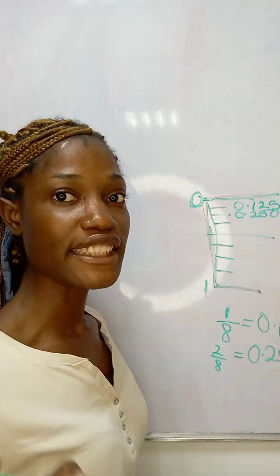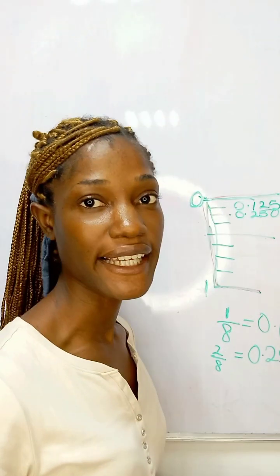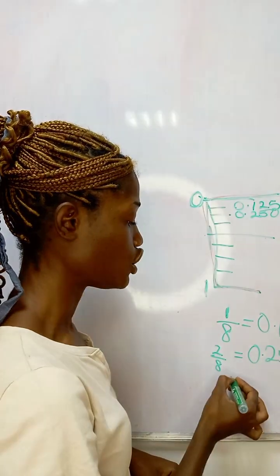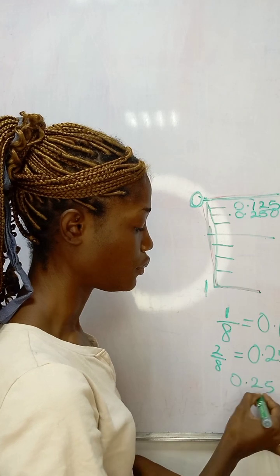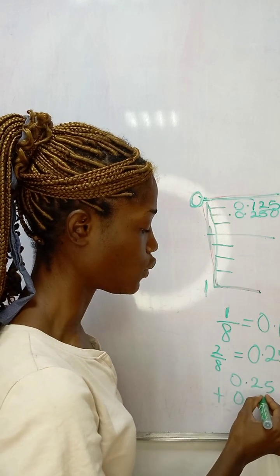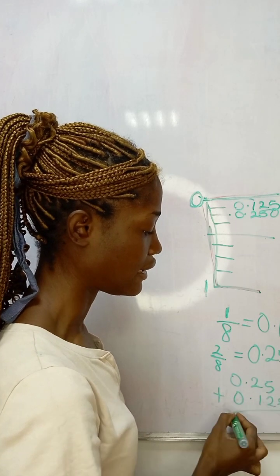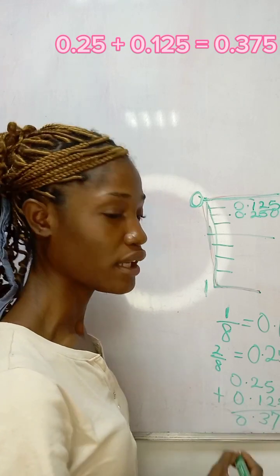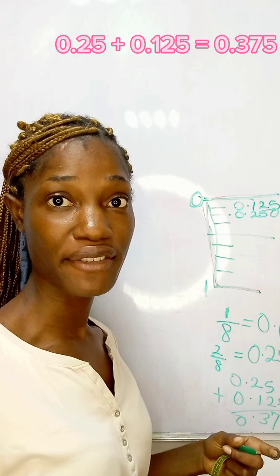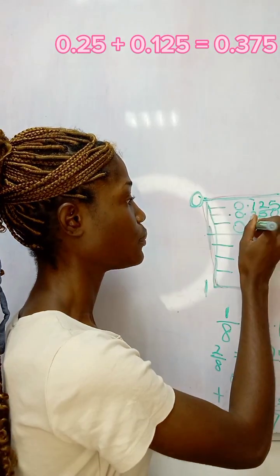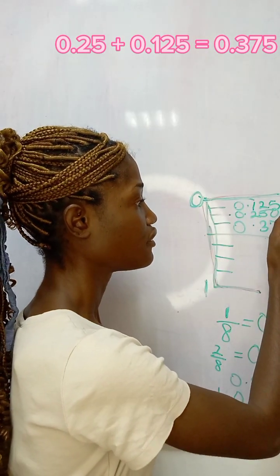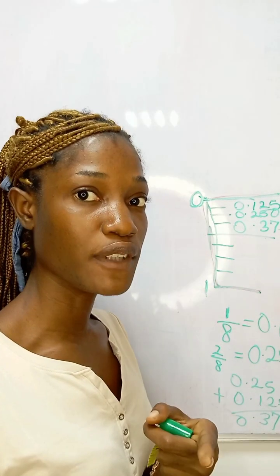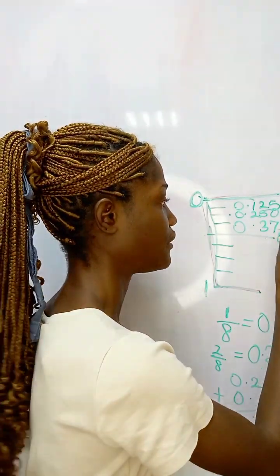To get the third one, you do 3 divided by 8, or you just do 0.25 plus 0.125, and then we get 0.375. If you do the fourth one, you get 0.5.